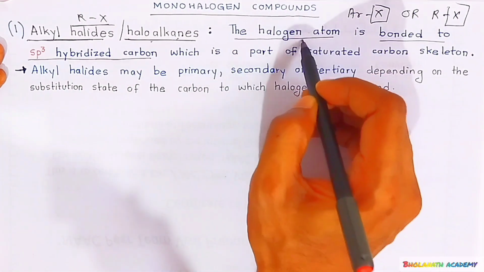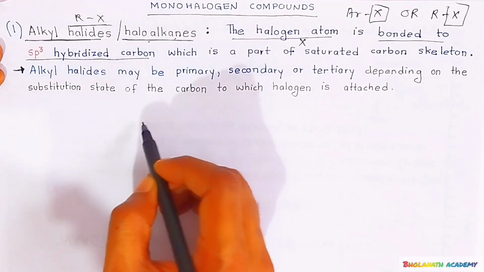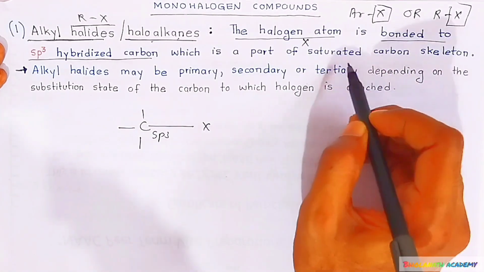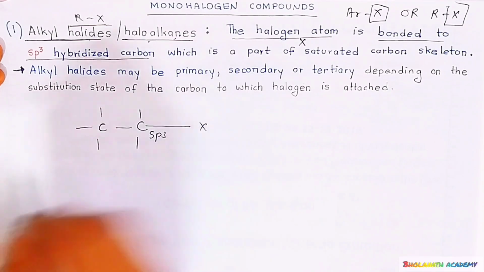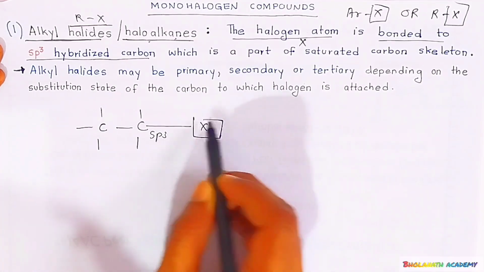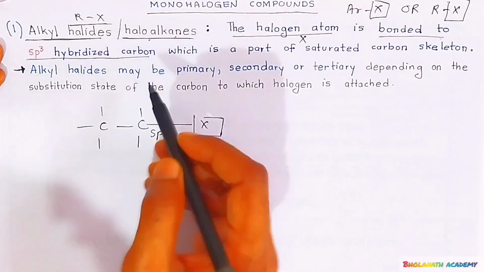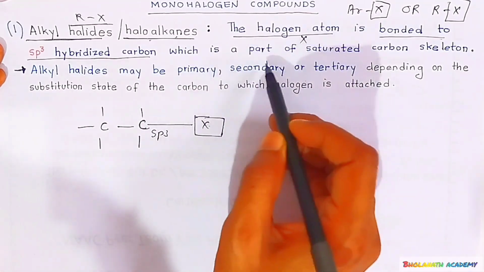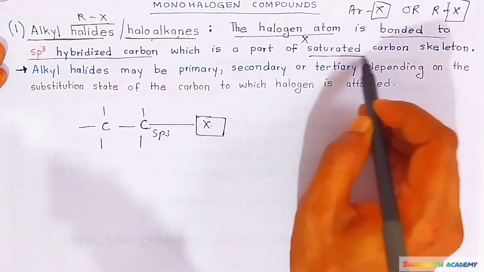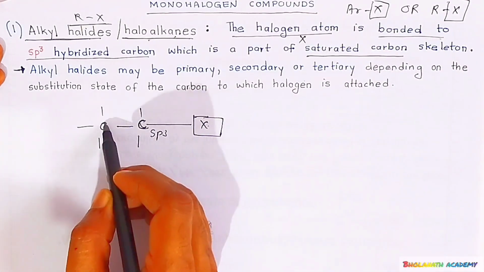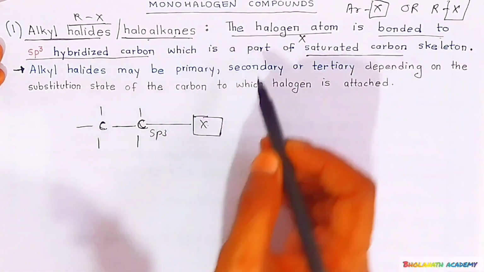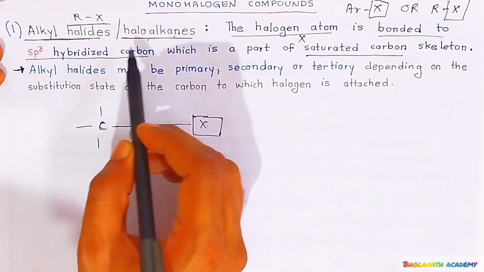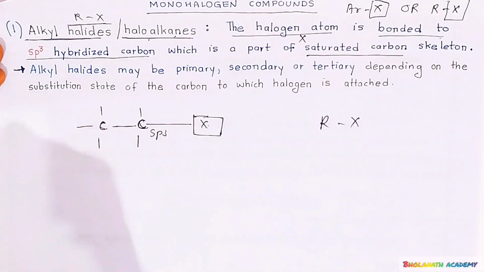If the halogen atom, that is X, is bonded to an sp3 hybridized carbon, which is a part of a saturated hydrocarbon skeleton, this is always a part of a saturated hydrocarbon. Saturated hydrocarbon means this carbon has single bonds with other carbon. This compound is called a monohalogen compound, and it comes in the alkyl halide category. Understanding, students?